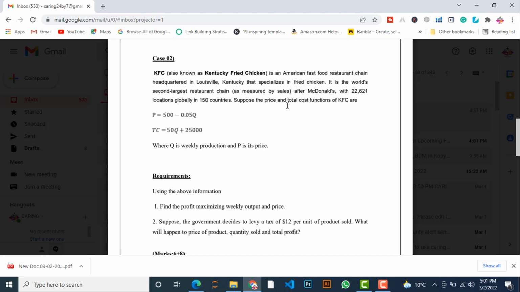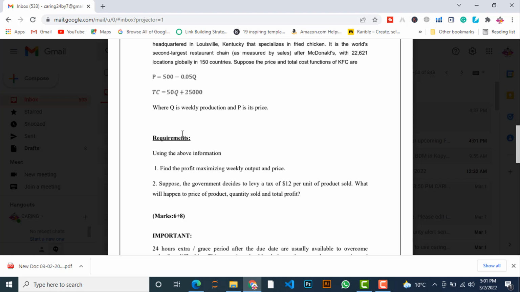Suppose the price and cost functions of KFC are P is equal to 500 minus 0.05Q. This is a price function and inverse demand function. TC, which stands for total cost, is equal to 50Q plus 25,000, where Q is the weekly production and P is price.